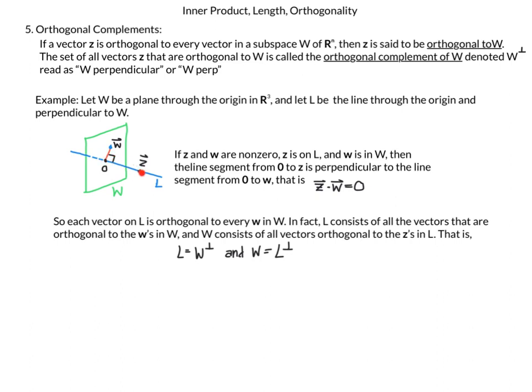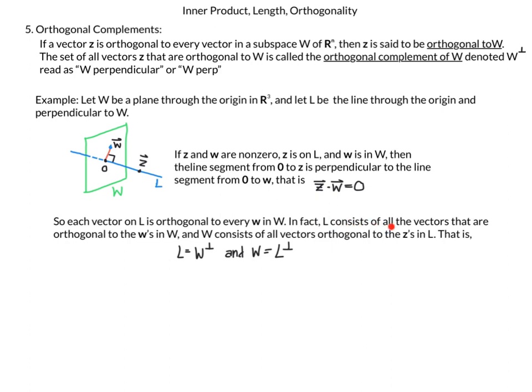So Z is on the line, and the line is perpendicular to the plane. So since Z is on the line, it's going to be perpendicular to W, which is in the plane. So Z dot W will equal 0. So each vector on L is orthogonal to every vector W in the subspace.